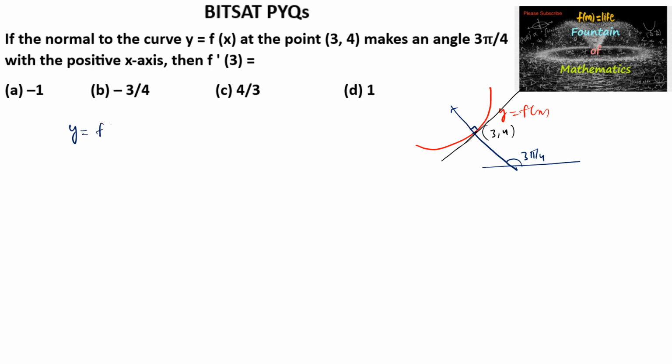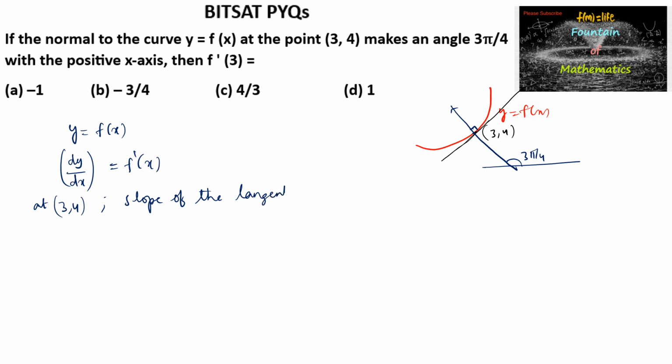Since given y is equal to f of x, dy by dx is equal to f dash of x, and now at the point 3 comma 4 we can write the slope of the tangent is equal to dy by dx at x is equal to 3, which is equal to f dash of 3.